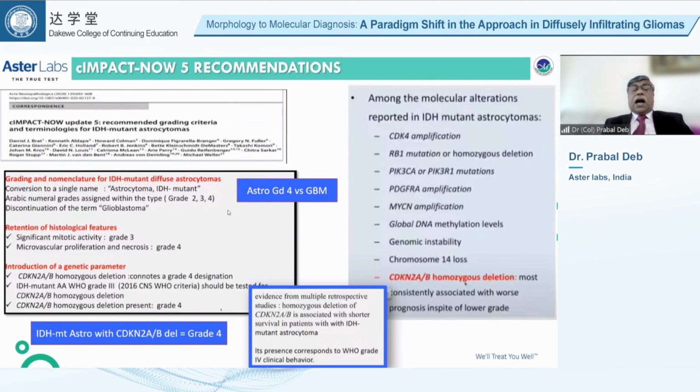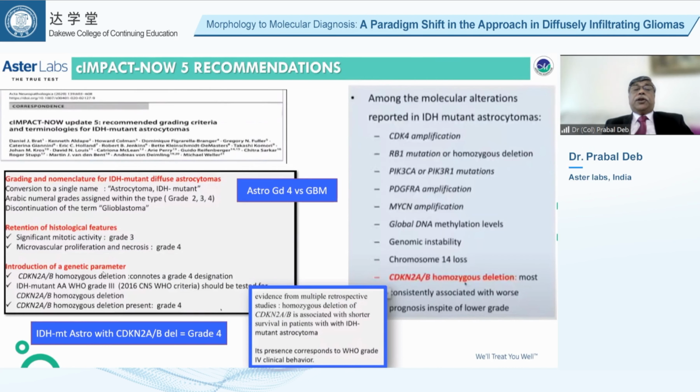Basically, this dealt with the concept of astrocytoma grade 4, which is IDH mutant type, and glioblastoma, which is IDH wild type. And it also recommended retention of histological features, that is, significant mitotic activity is grade 3, microvascular proliferation with or without necrosis grade 4.